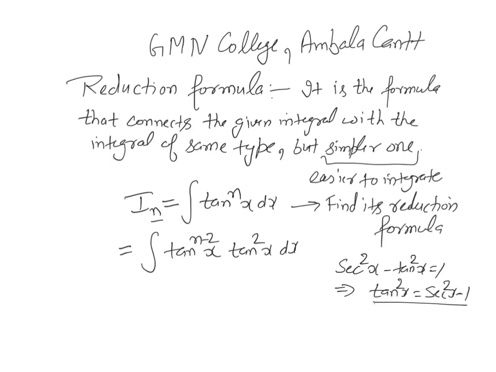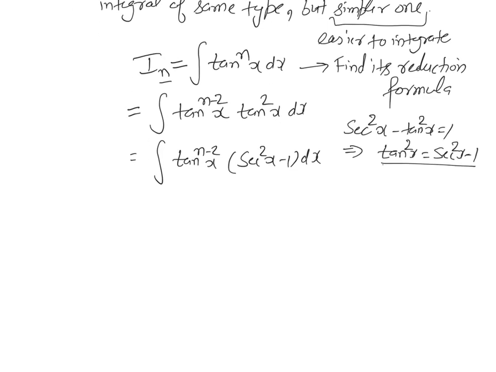So this will be the replacement: tan^(n-2) x into (secant square x minus 1) dx. Now we will multiply, and this will be written as integral tan^(n-2) x secant square x dx minus integral tan^(n-2) x dx.